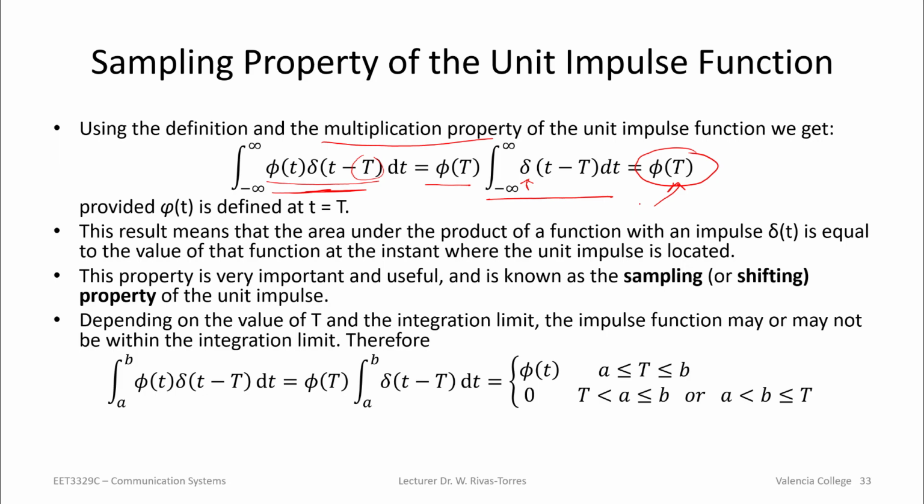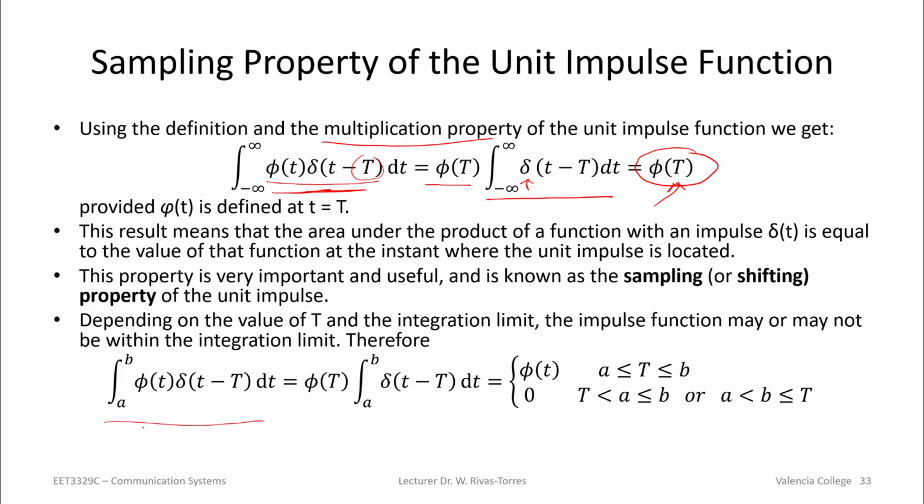We call this the sampling, or if you want to call it the shifting, but more commonly we call it the sampling property of the unit impulse function. And you can see a much clearer expression or definition for this property down here.